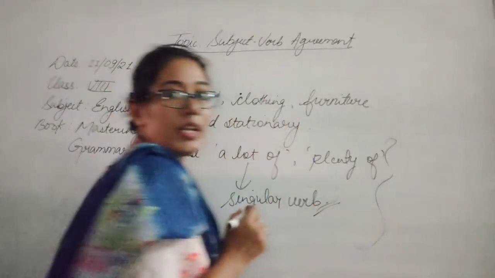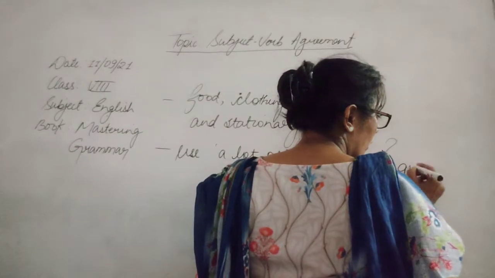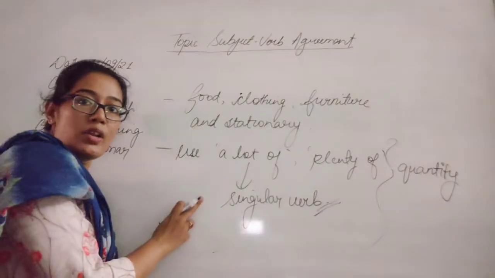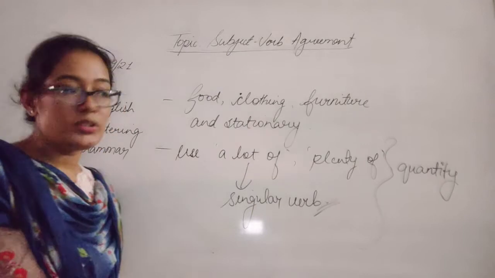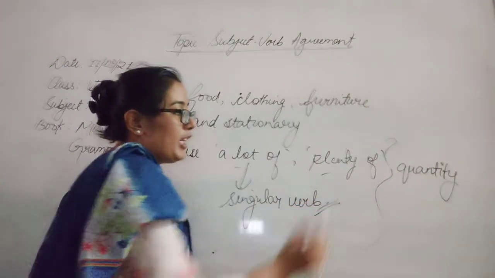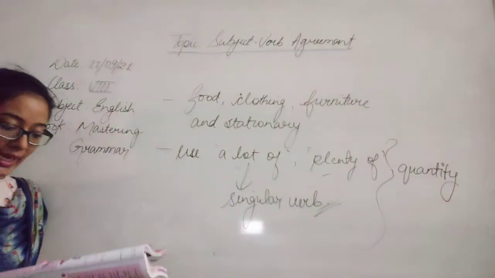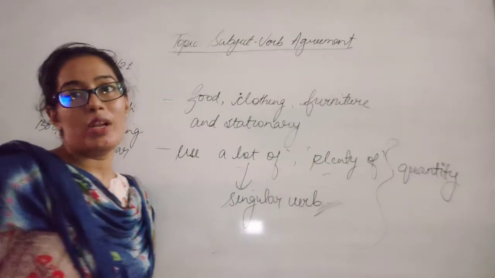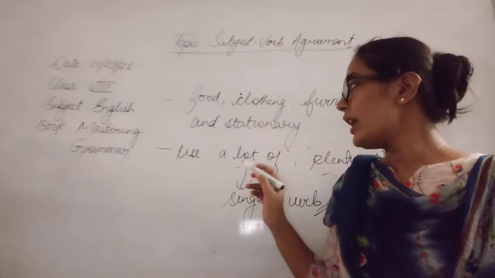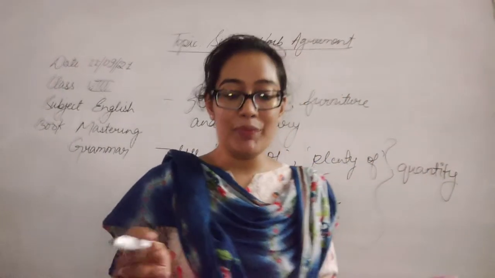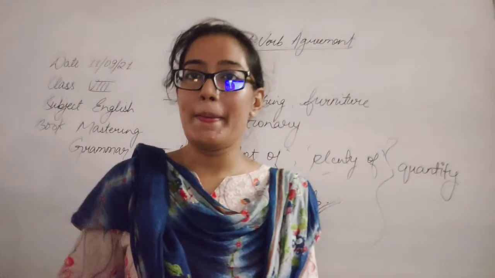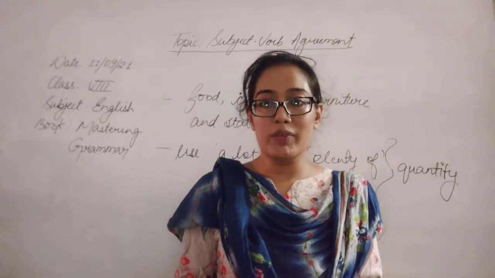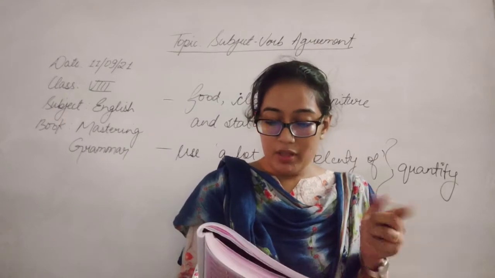But if we use a lot of and plenty of to indicate numbers, then plural verbs are used. So in this, there are two things that we have to keep in mind, that a lot of or plenty of can be used with a singular verb and can also be used with plural verbs. Am I clear, students?